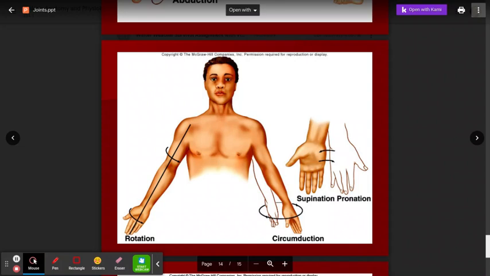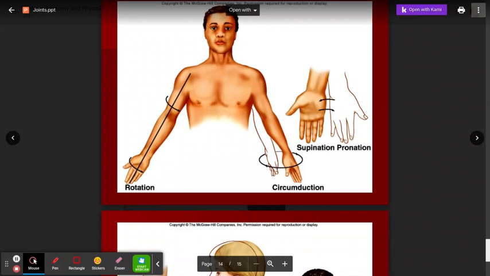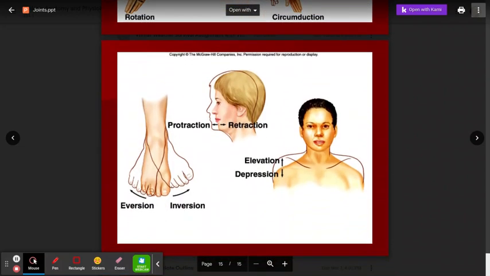So, practicing, and these are good flashcards as well, or however you learn your terms. Eversion versus inversion. So we've got a big toe here, inversion pointing. If I take my big toe and put it towards midline, inversion. Eversion, big toe out.